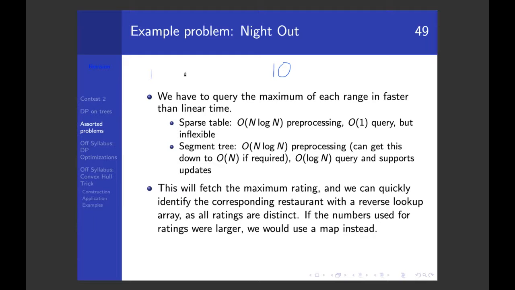If the rating is up to 100,000, an array is fine. If the ratings were up to like 1 billion, for example, we couldn't have a 1 billion length array. That's, I believe, 4 gigabytes size-ish. Too much, probably. So instead we use a map.